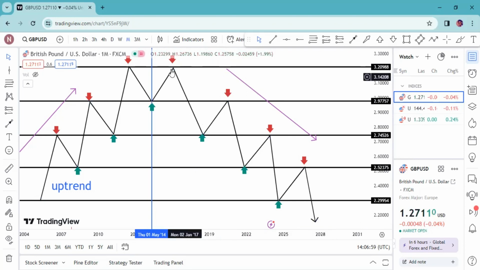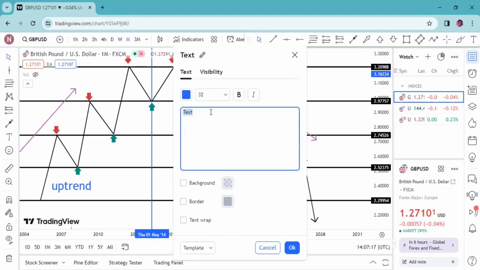So the market is moving like a zigzag, but it's moving toward down. I hope you understand me up to there. The market is moving down, and we call it a downtrend.